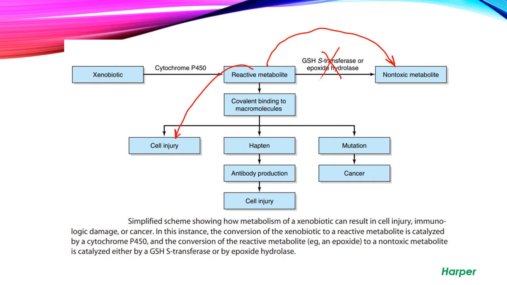These reactive metabolites may trigger hapten. Hapten is any small molecule which can trigger antibody production, and these antibodies can target their own cells like autoimmunity and may result into, again, cellular injury. Similarly, these reactive metabolites may cause mutations in genetic material, and as a result may induce cancer development.